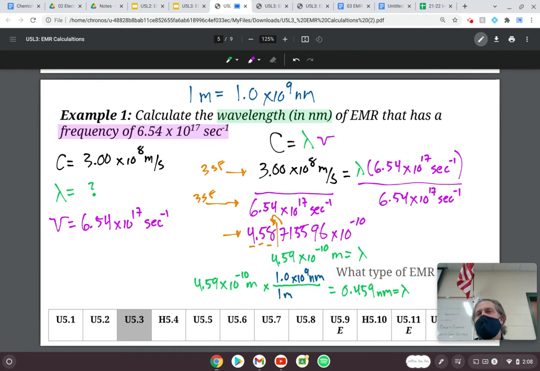It's just a lot of steps. It's not imaginary numbers. All right, now, the other question on here is what type of electromagnetic radiation is it? In my case, the easiest way would be to use a number that was given to me in the problem, the frequency of 6.54 times 10 to the 17.